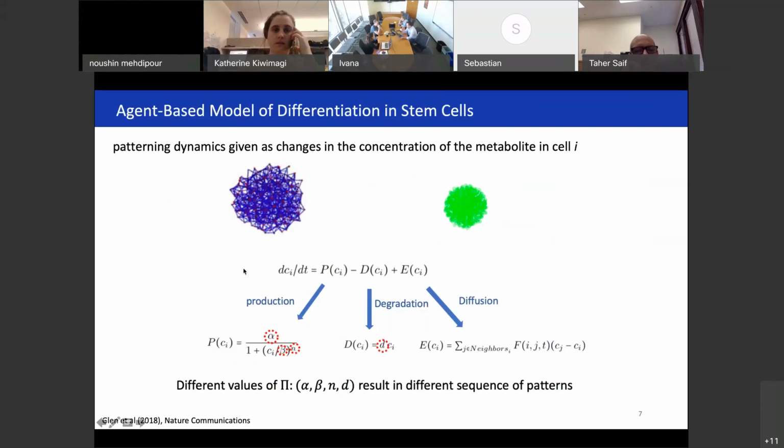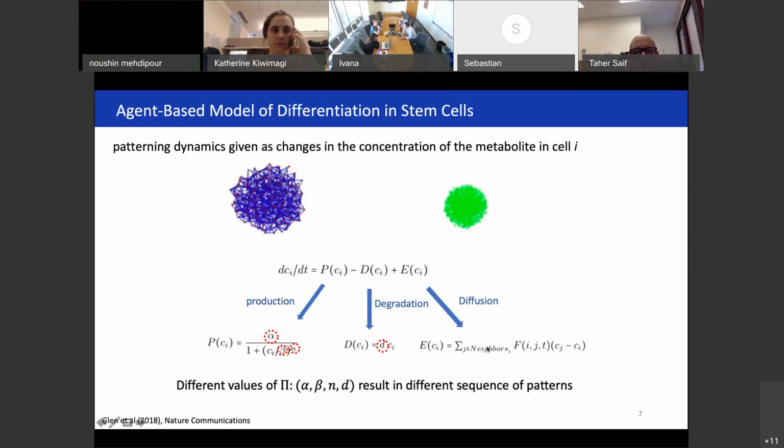There are some parameters in his model, such as the production rate and the degradation rate, which are the tunable parameters. He can actually change these parameters within the lab.